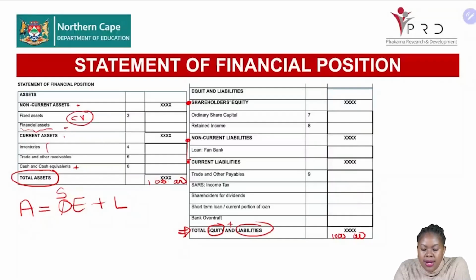Okay, then the trade and other receivables is all the money that we are waiting to receive, the people that owe us. So we are dealing with debtors. We are yet to receive the money. That's why it's receivables. We are yet to receive it.